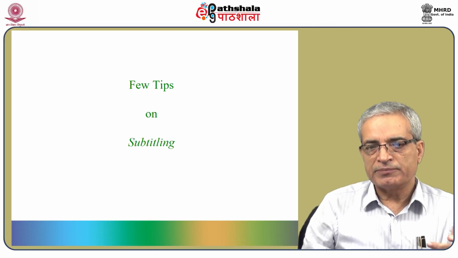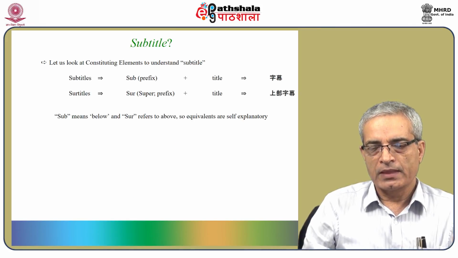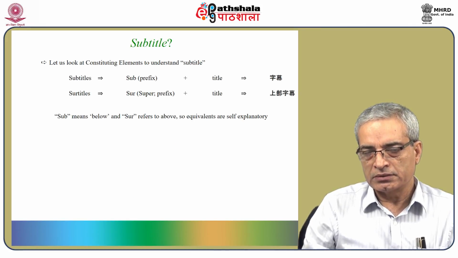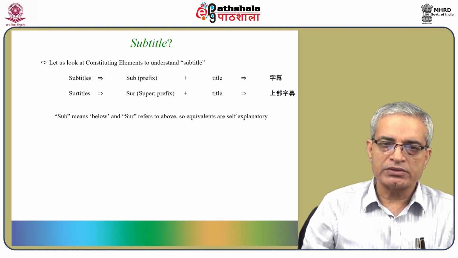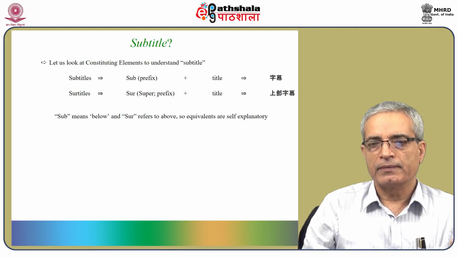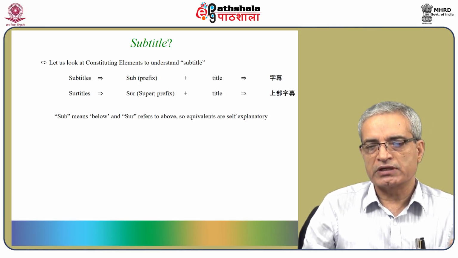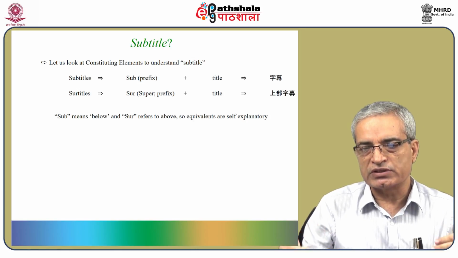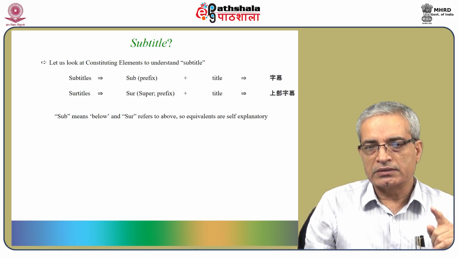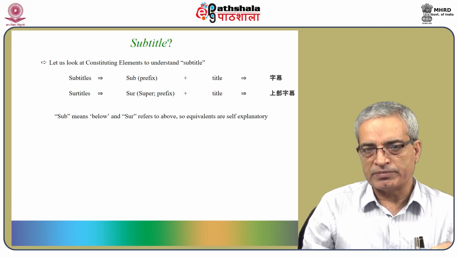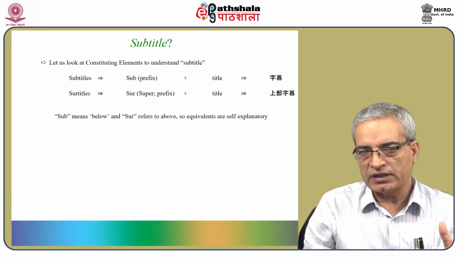Let me give you some tips about the first two examples, that is subtitling. The word subtitle has got two elements, sub and title. Title you all know, and sub stands for something that comes at the bottom or which is subset, and subtitle in Japanese is jimaku. Now this does not give a very clear equivalence.